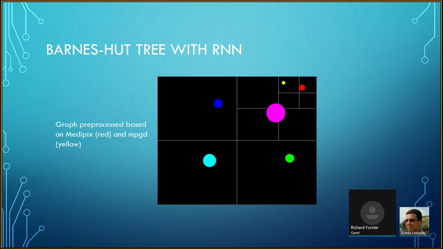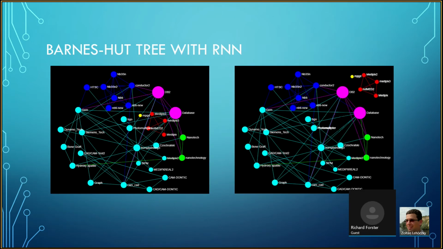So in this case, we can easily see what nodes are connected to the community, and those communities are separated from the big graph. So we will have a much better understanding of what it is. So it is the original graph on the left-hand side. You can see that the Medipix red nodes are still inside. The yellow MPGD is still inside. And on the right-hand side, you can see that they were moved outside.